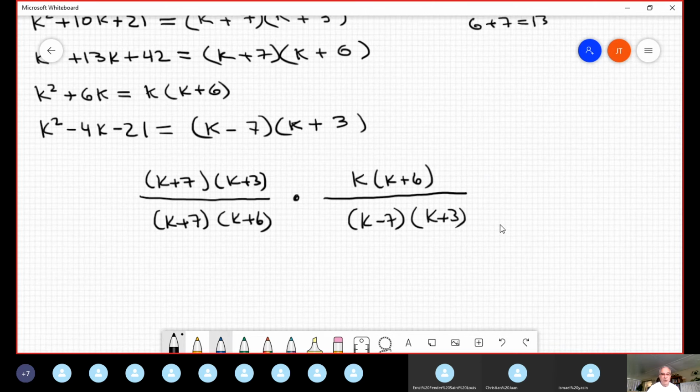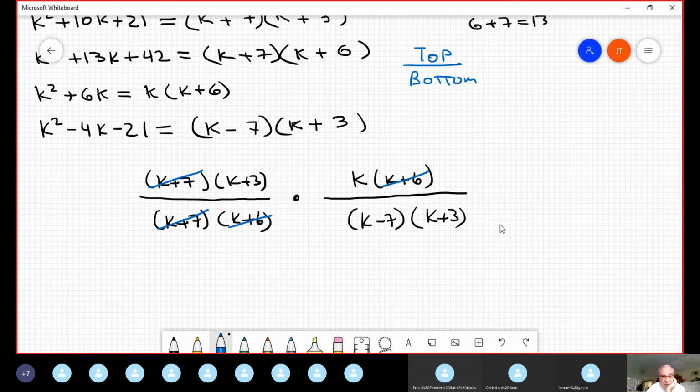Be careful, because you can always cancel a factor in the top with the same factor in the bottom. So what is canceled? Help me. This is the funny part. k plus 7 with k plus 7. I agree. One more: k plus 6? No, it doesn't matter, we have a different factor.